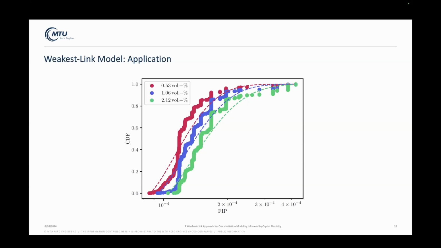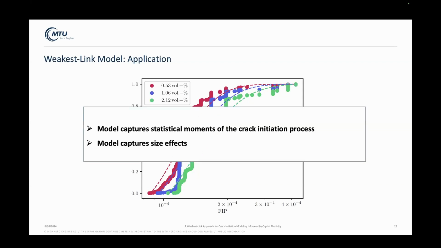The only difference is the number of pores that we are drawing. So this is a purely statistical effect, and that can't be replicated using standard deterministic approaches. In turn, this also means that our model is able to capture size effects, which we can see in reality when we increase, for example, the volume of the tested specimen.